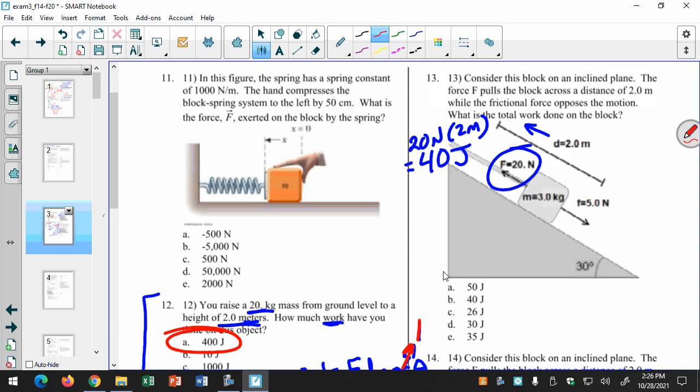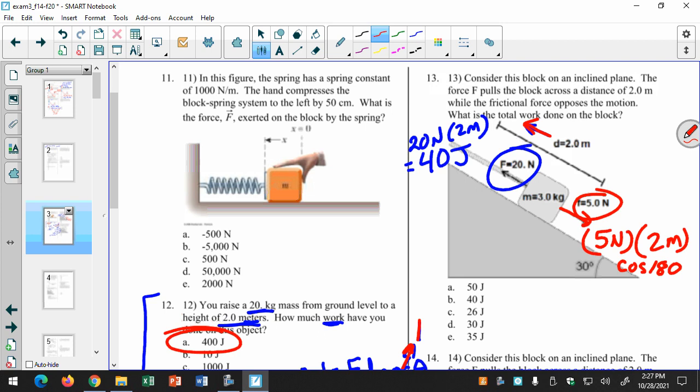On the other hand, this force, which is 5 newtons, does a work that's equal to 5 newtons times 2 meters times the cosine of 180, because notice this vector opposes the direction in which the block is going. Anytime the force is in the opposite direction, you're doing negative work.